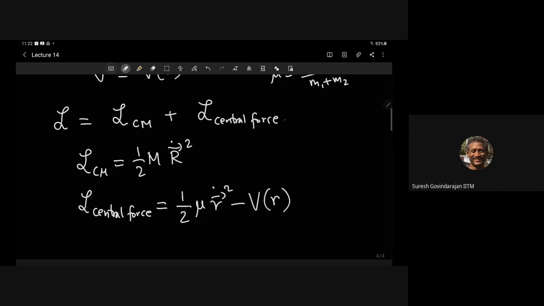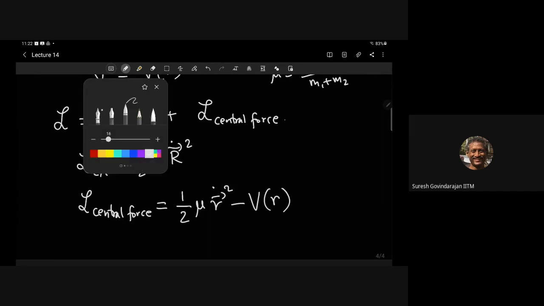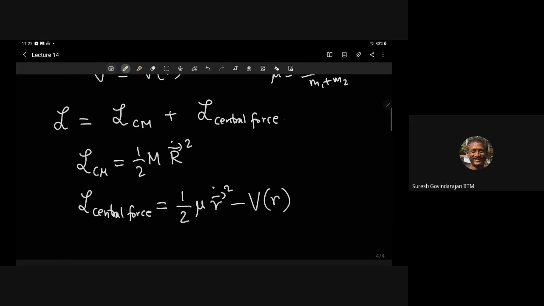Okay, so let us look at each one of these things separately. So now what we can see is that this thing has only 3 degrees of freedom, which is the R, and this has 3 degrees of freedom, and this has 3 degrees of freedom.